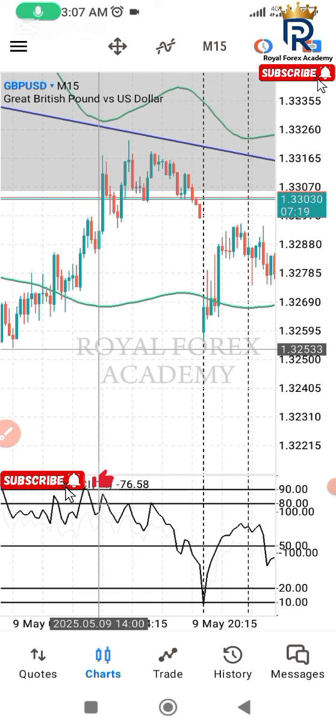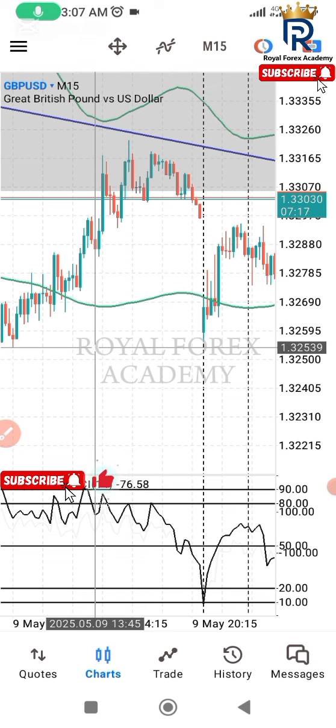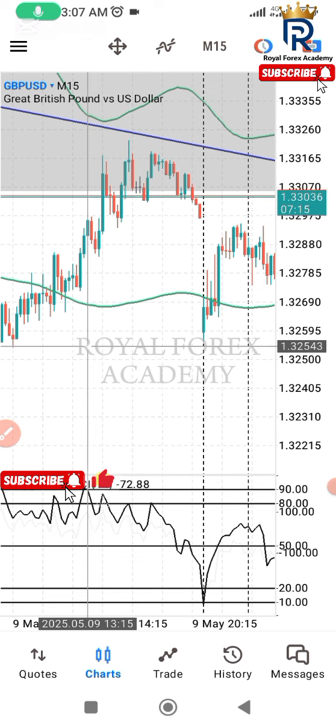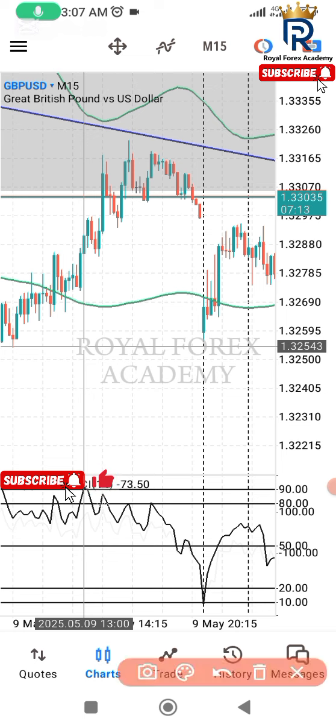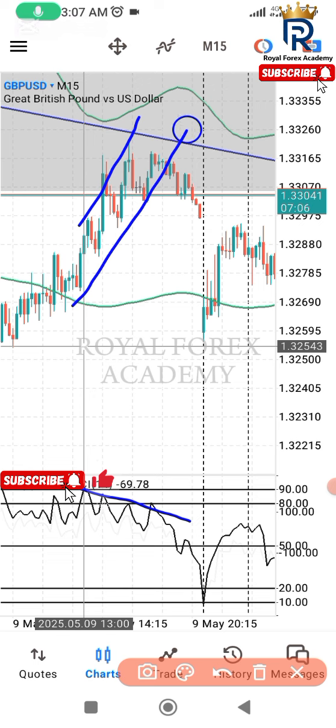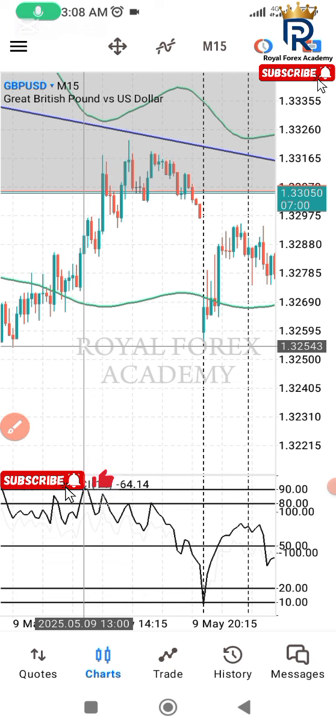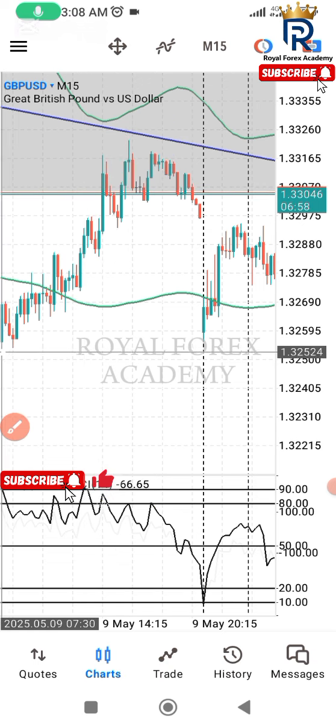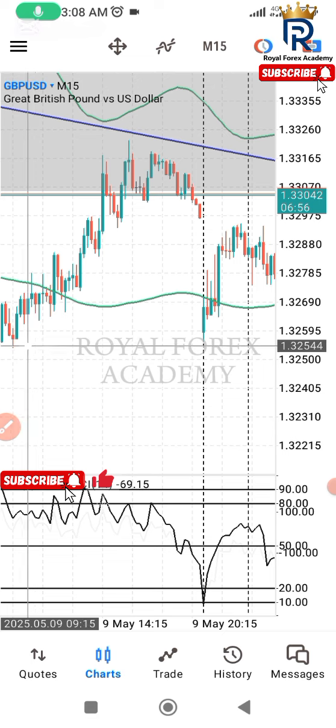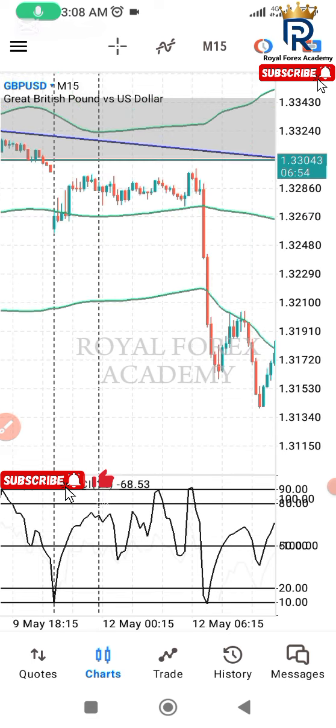So you can see where it begins to form from, right? Price is making higher highs, indicator is going low. So price breaks out of this, then you make your entry, and you can see how that as well plays out beautifully well.